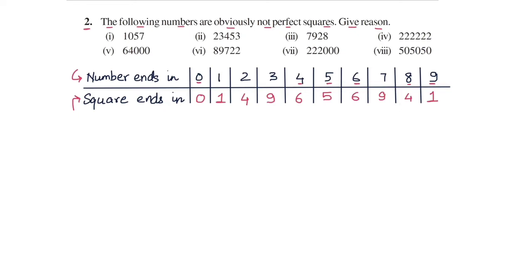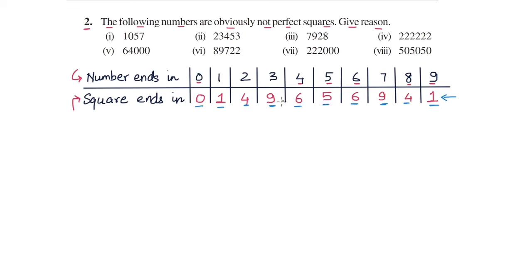So the possible unit digits of any square numbers are listed in the second row. So we have 0, 1. As you can see, 1 is occurring twice, then 4 is also occurring twice, then 9 is occurring twice, then 6 two times, and 5.